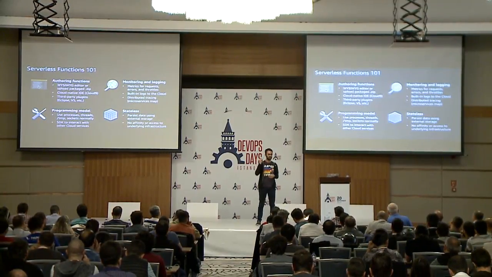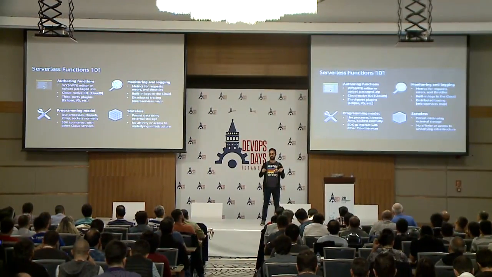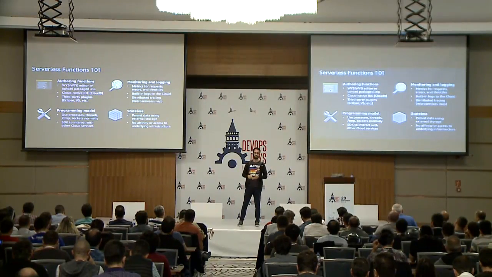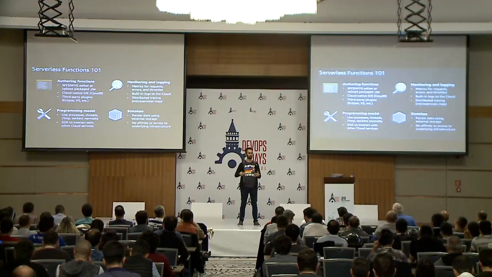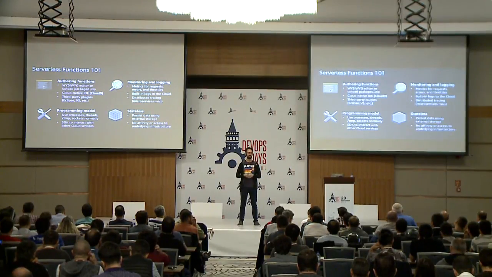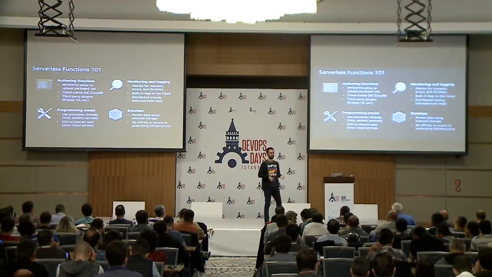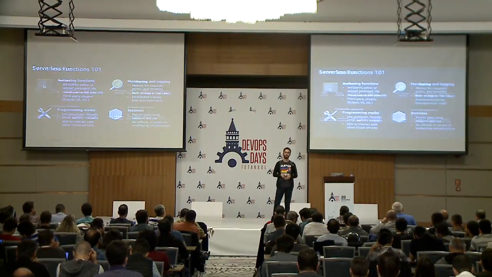And each individual function has its own metrics. So how many invocations, what the average latency, what's the average duration of your code running, what's the error rate, what's the throttling rate. So you have all these built-in functionalities that you don't have to rebuild yourself.